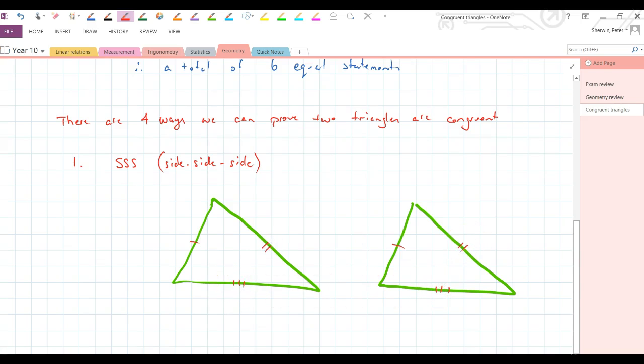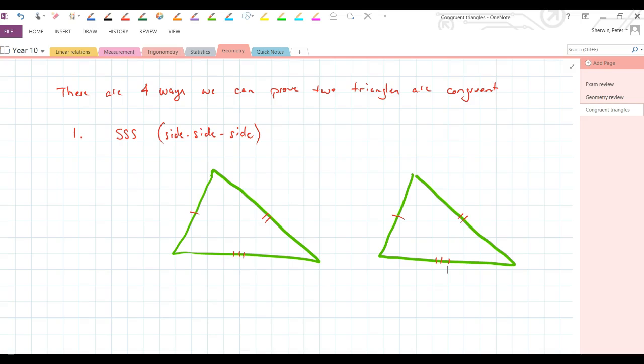Remember I said we're going to be given the 3 bits of info. Well, if those 3 bits of info are that, we can go ahead and confidently say, right, well, these two triangles are exactly the same, they're congruent. There is no way I can take that information and draw two different triangles.